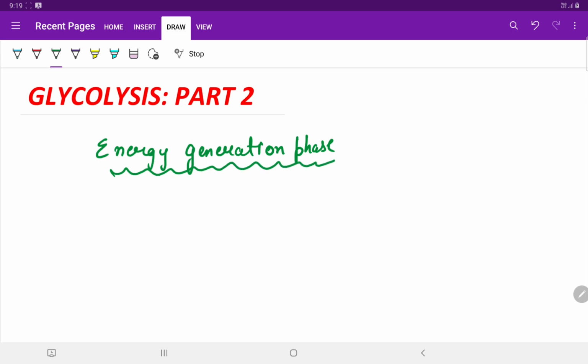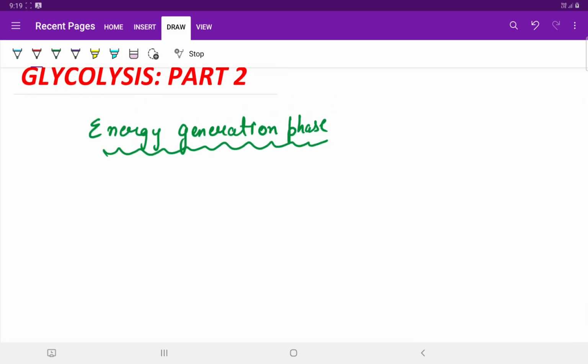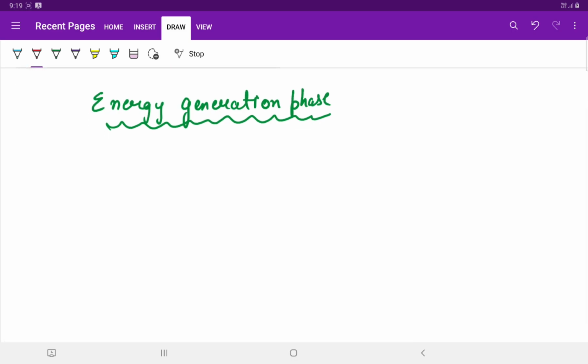We already know that during the splitting phase two molecules are formed: one is dihydroxyacetone phosphate and another one is glyceraldehyde 3-phosphate. But dihydroxyacetone phosphate is converted into glyceraldehyde 3-phosphate through the phosphotriose isomerase enzyme. So we shall be starting this reaction with two molecules of glyceraldehyde 3-phosphate.